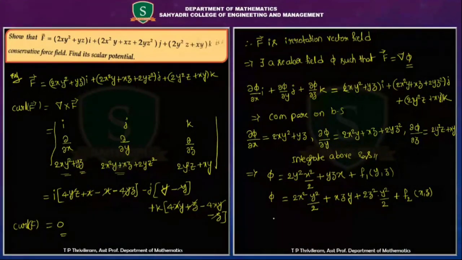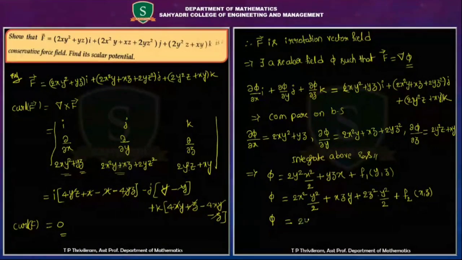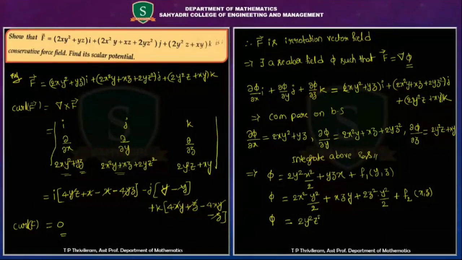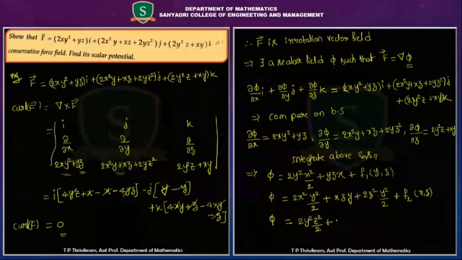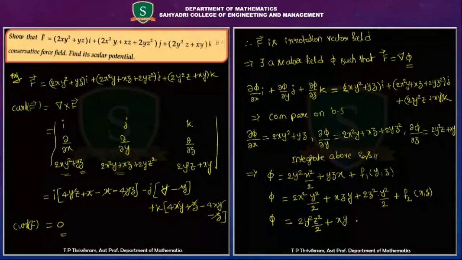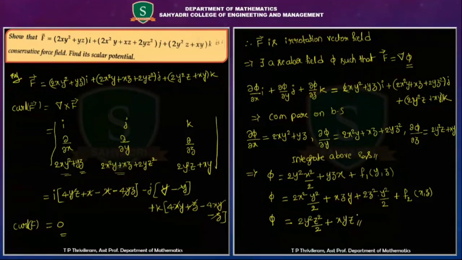Okay. Similarly, one more phi is there, that means the third equation. Phi is equal to 2y square z square by 2 if you integrate z, plus xy. Integration of 1 dz is z. Okay.